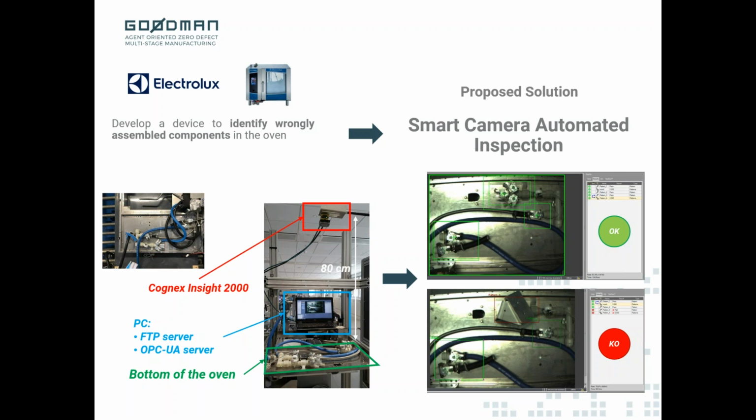The bottom of the oven is observed by the smart camera at a target-to-camera distance of 80 centimeters. In this way, they are able to perform an automatic check of whether the assembly is properly performed or not.